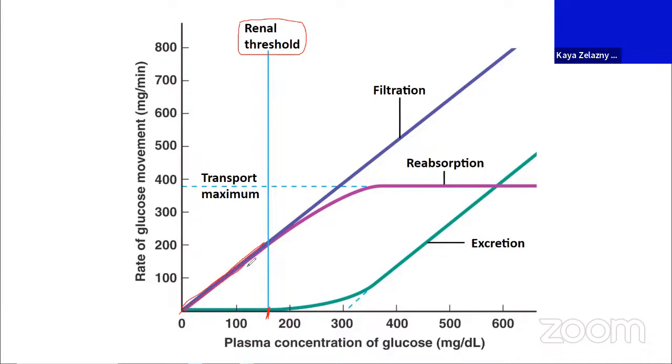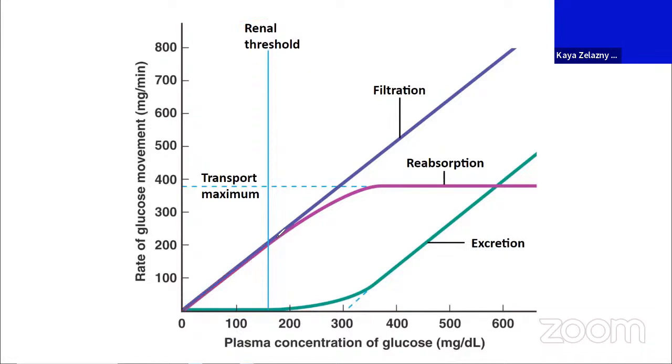So our lines for filtration and reabsorption match until we hit our renal threshold, that 180-ish milligrams per deciliter for our plasma concentration of glucose. If you're reabsorbing all the glucose that you're filtering, none of that glucose is getting excreted. Excretion is when you're peeing stuff out, right? So excretion, removing stuff from the body. Okay. So excretion is going to be 0 so long as filtration and reabsorption are matching each other.